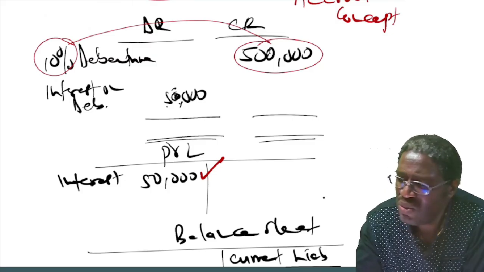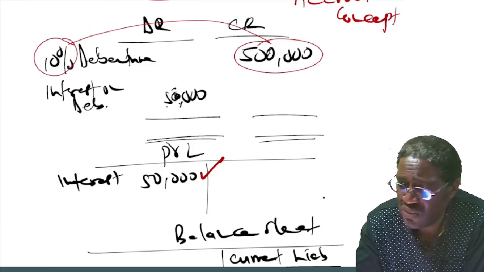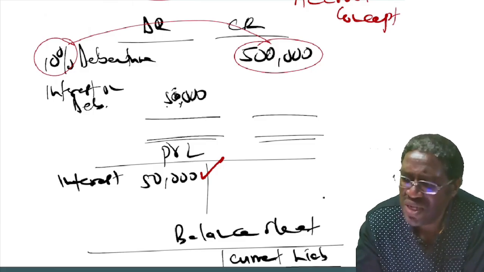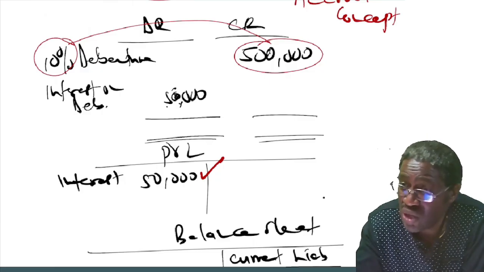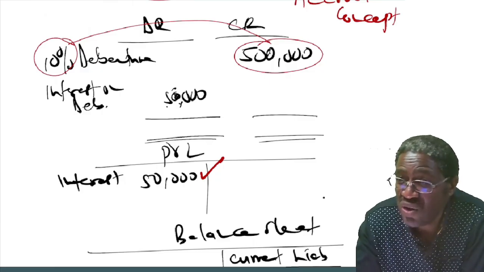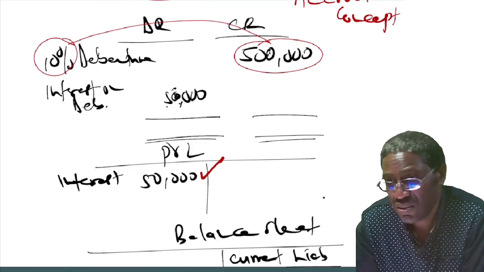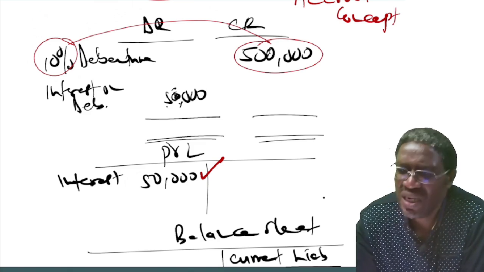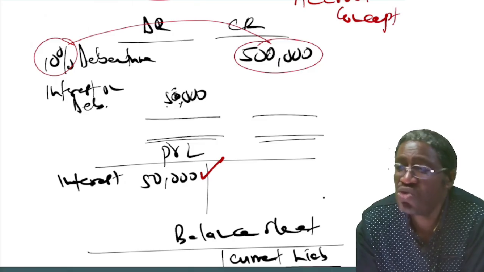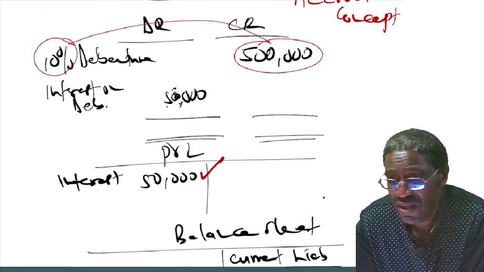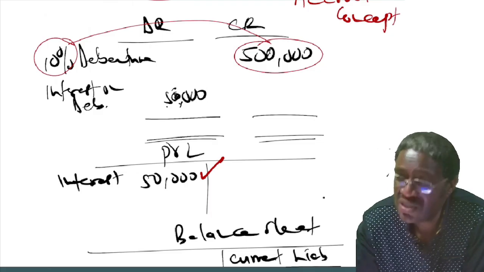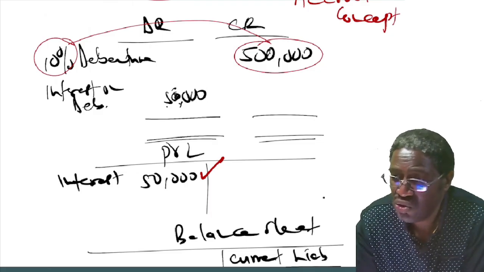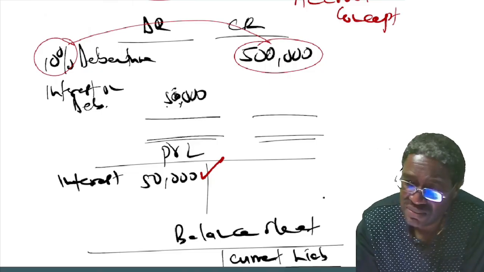Then, when you are preparing the balance sheet, you will ask yourself, do I owe my debenture holders anything? That's when you go back to the same trial balance and you realize you have paid them 50. So automatically, it means you owe them nothing, because the charge for the year is 50. According to the trial balance, you have paid 50. So you owe them nothing. So you take to the balance sheet nothing.